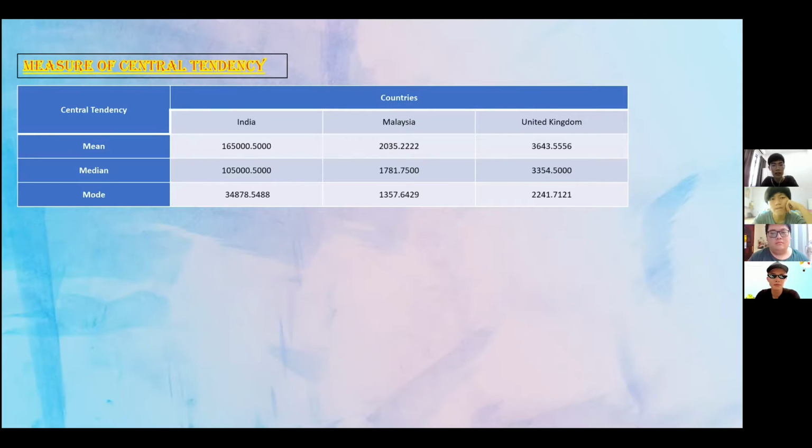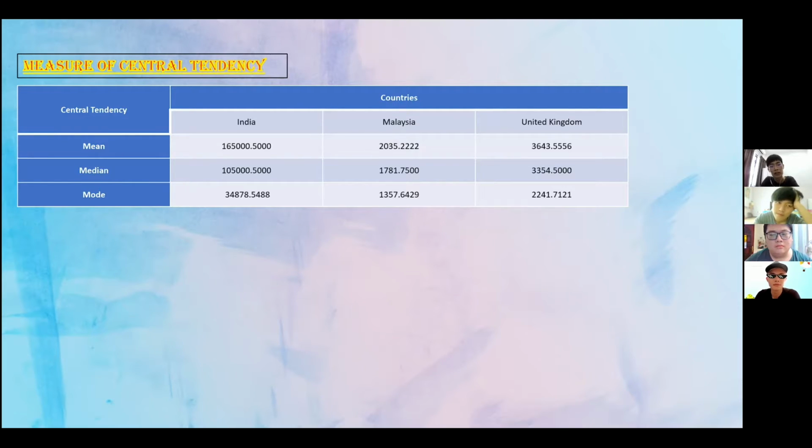We can see that India has the highest value of mean, median, and also mode. For example, the mean of India is 16500.5, the median of India is 10500.5, and the mode of India is 34878.5488.